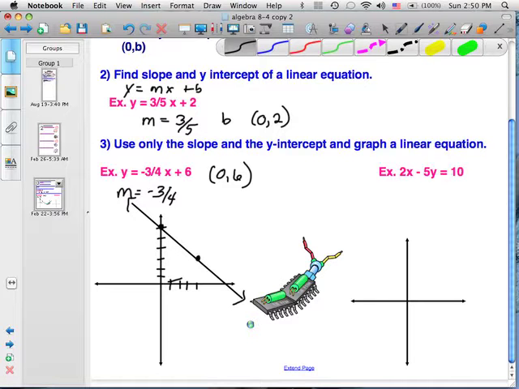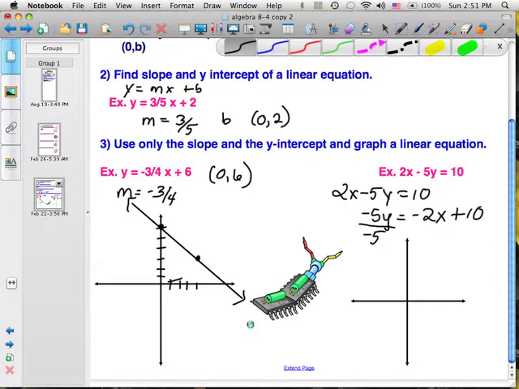In the second equation, it needs to be turned into slope-intercept form. So first we move the 2x to the other side, subtract, so it's 5y equals negative 2x plus 10. And then to solve it for y, divide both sides by negative 5.